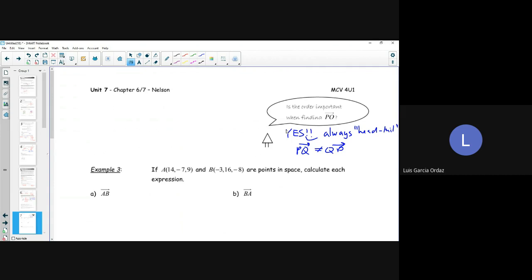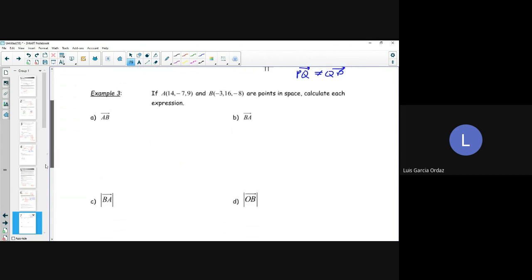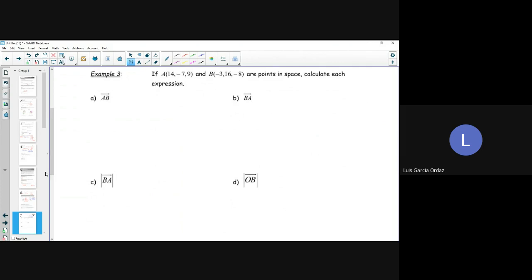So example 3. If A is (14, -7, 9) and B is (-3, 16, -8) are points in space, I want you to calculate each expression. Okay, so I wanted to calculate vector AB. Remember, A is the tail, and B is the head.